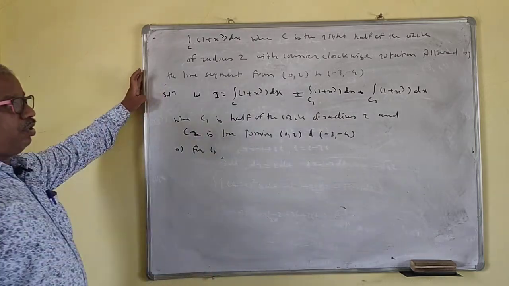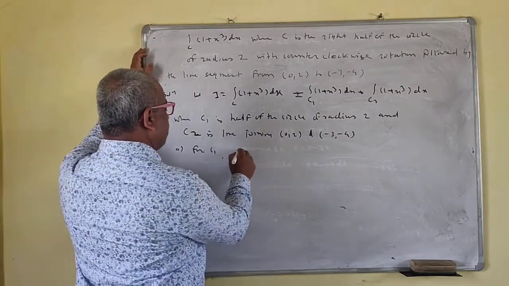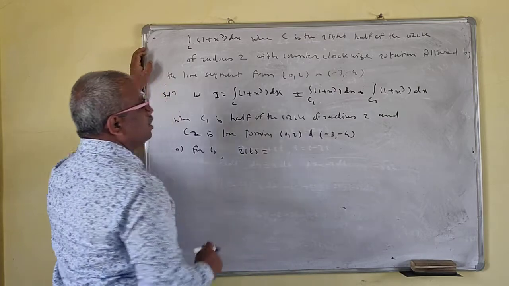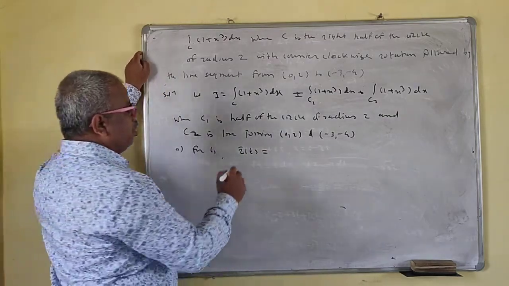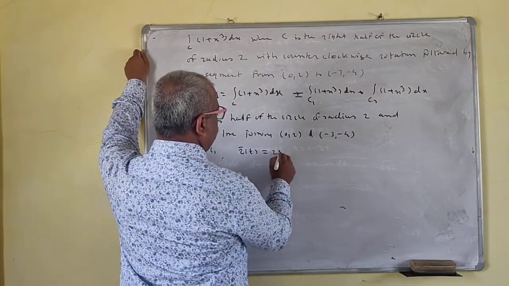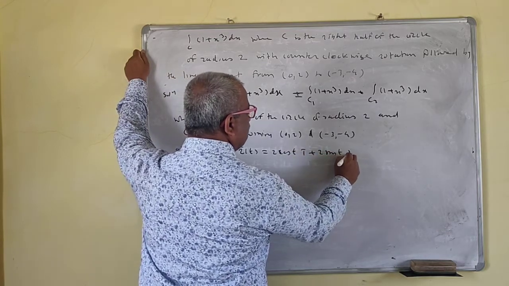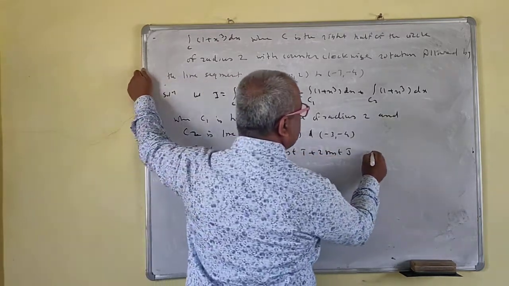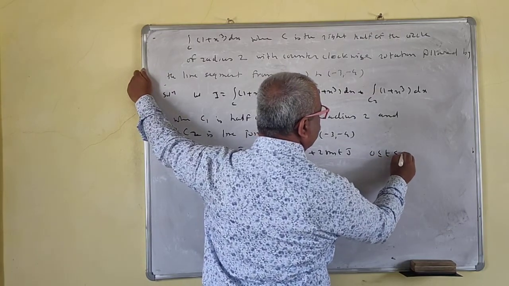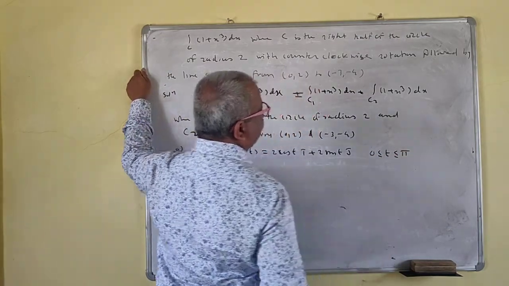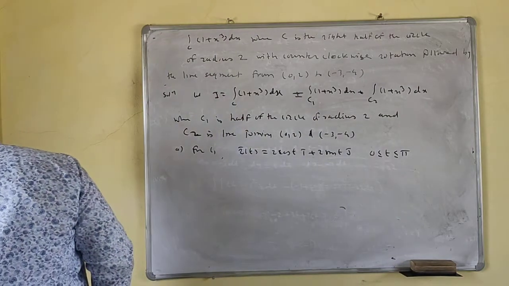So you are in counterclockwise. Your r bar of t is what? R bar of t is equal to a cos t, a means what? 2 cos t i bar plus 2 sin t j bar. Okay, it is half. That means what? T is equal to 0 to pi now, because this is half circle.